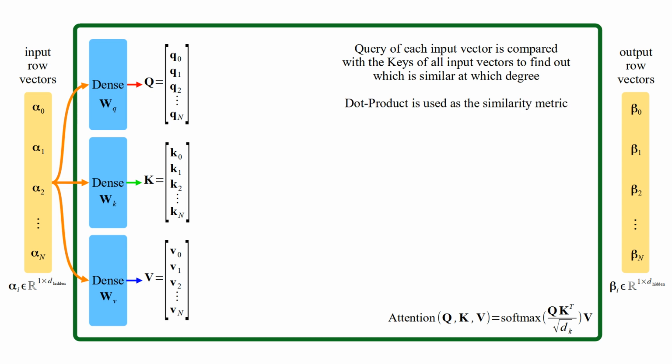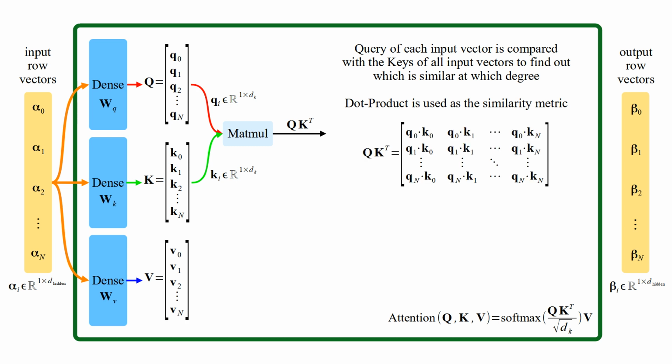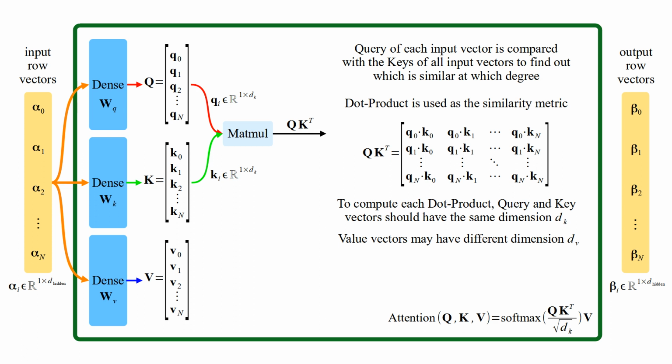Dot product is used as the similarity metric. To compute each dot product, query and key vectors should have the same dimension dk. Value vectors may have different dimension dv.